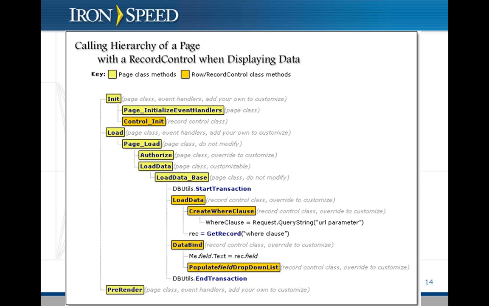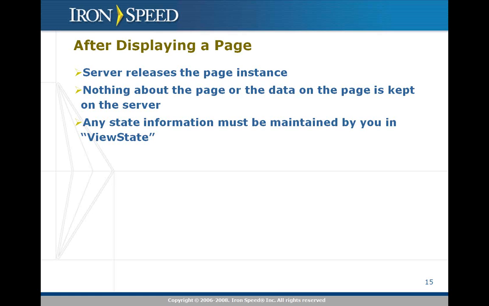The authorize is a function that we wrote. It's not a .NET function, but it's called from the .NET load event handler effectively. And then following authorize, we call something called load data, again a specific function that we generate, which actually loads the data from the database. So this is a typical example of a calling hierarchy when a page is being displayed on the browser.